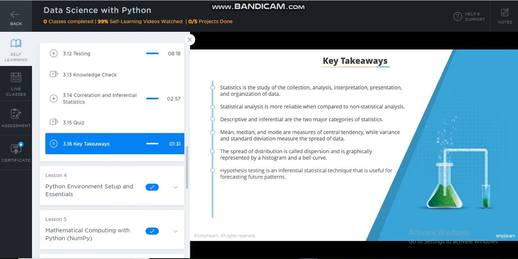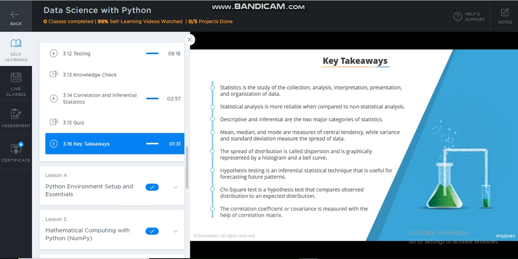Hypothesis testing is an inferential statistical technique that is useful for forecasting future patterns. Chi-square test is a hypothesis test that compares observed distribution to an expected distribution. The correlation coefficient or covariance, measured with the help of the correlation matrix, measures the extent to which two variables tend to change together.